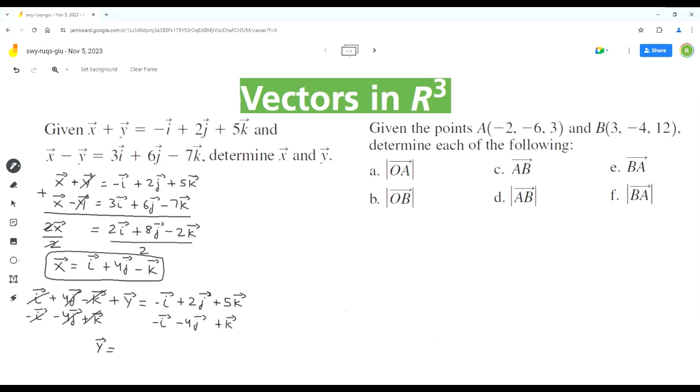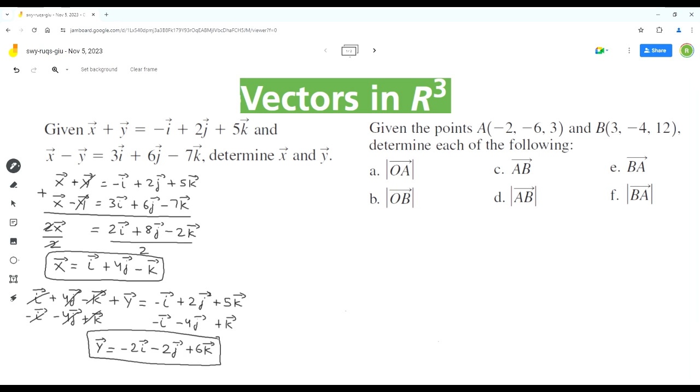So we are left with vector y equals, so this is the final answer for vector y. So we combine the i, j and k terms on the right side to get this final answer for vector y. So we are done with the first problem.